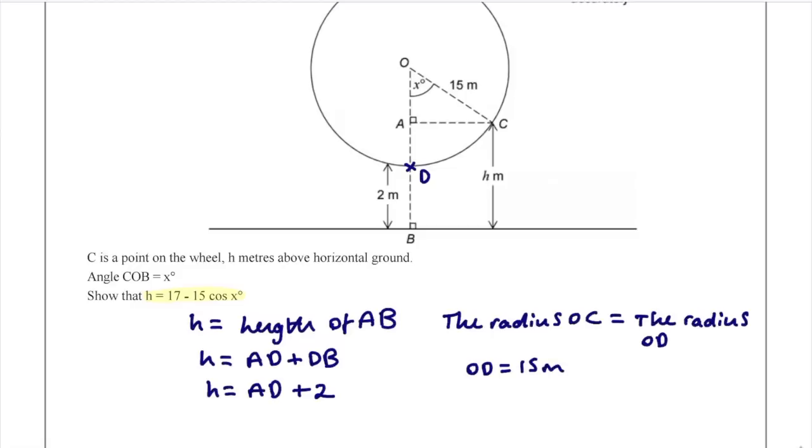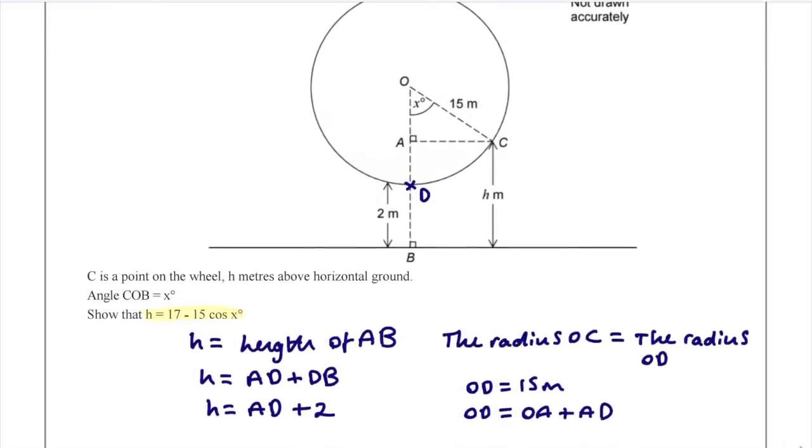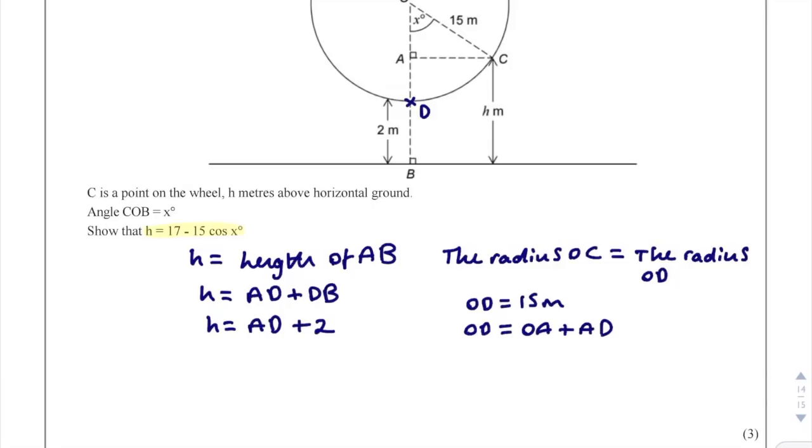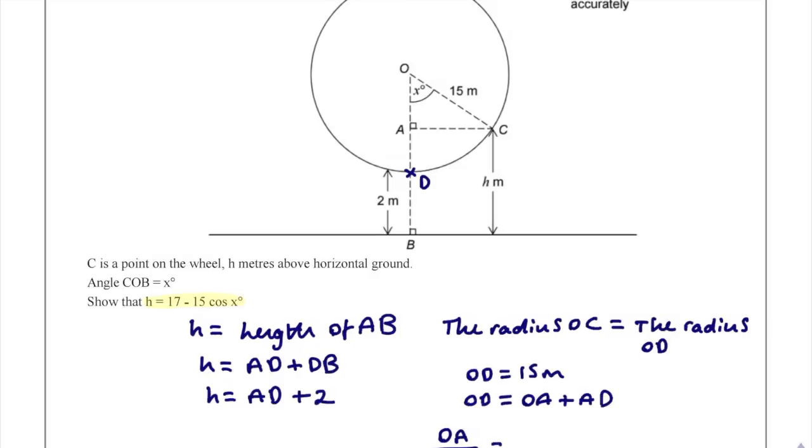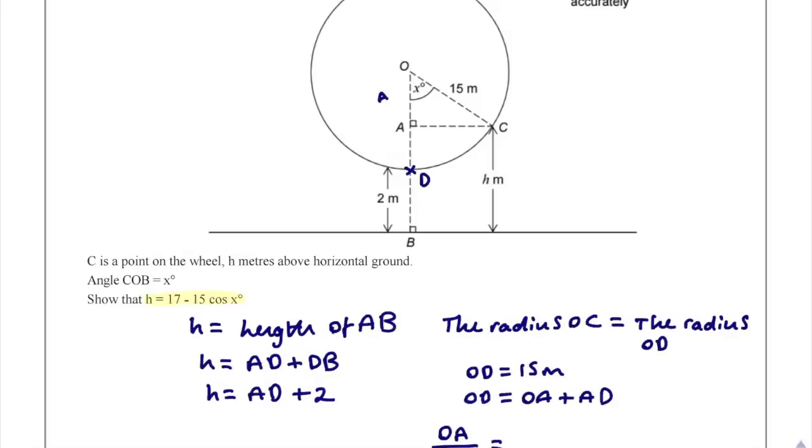Now O to D is equal to O to A plus A to D. We've got a triangle which is OAC. Now using that triangle, and we're told that there's an angle of X, and we've got our hypotenuse of 15, we're going to have to work out the length of OA using trigonometry. So we can say that OA all over the hypotenuse, which is 15. So we're basically saying that this side's the adjacent, this side's the hypotenuse.